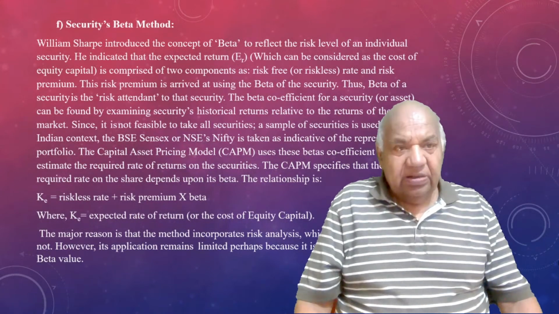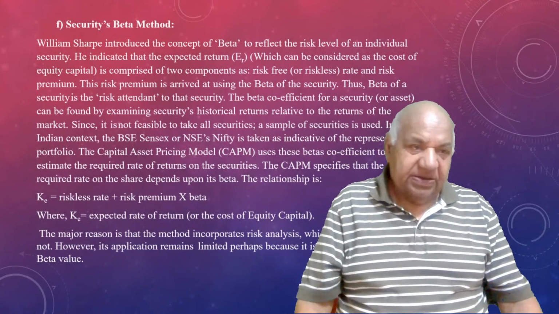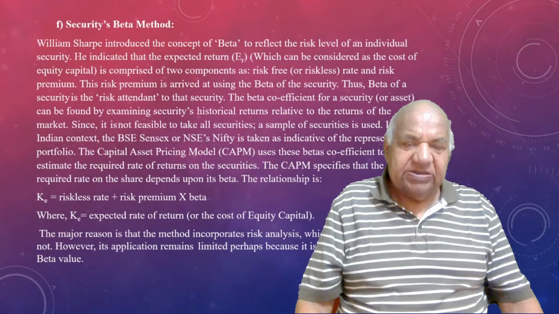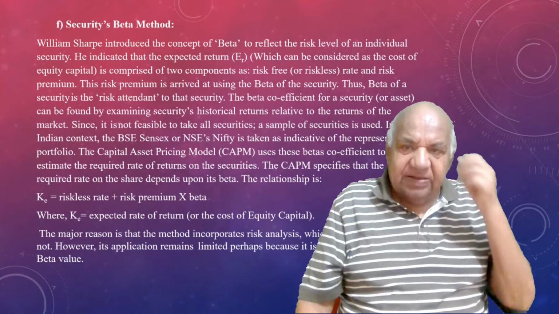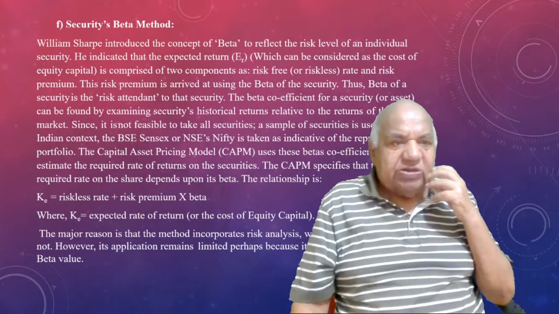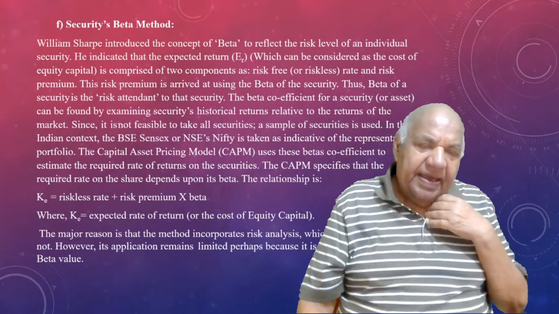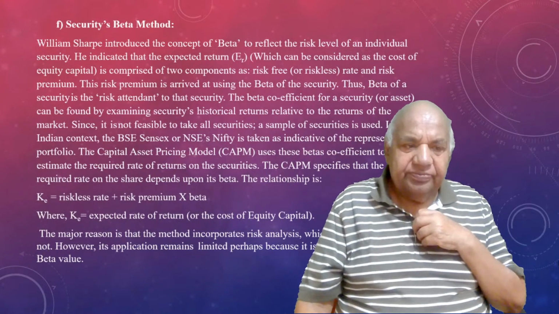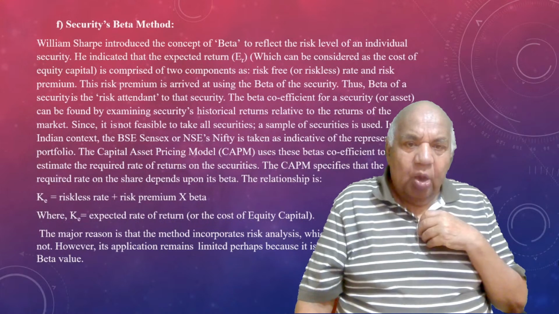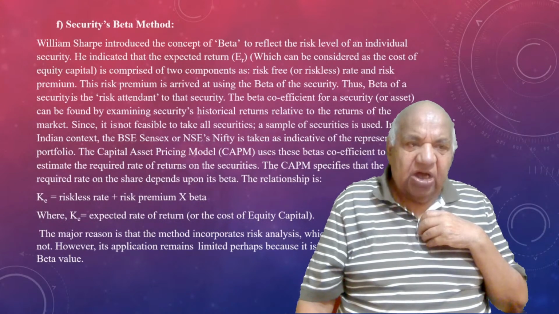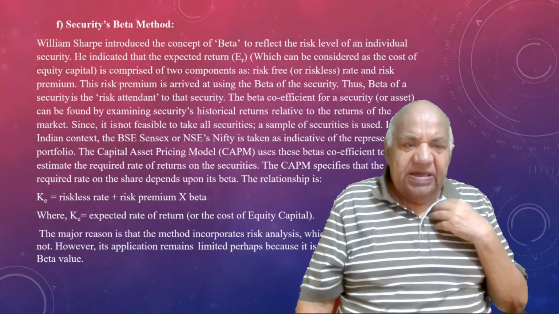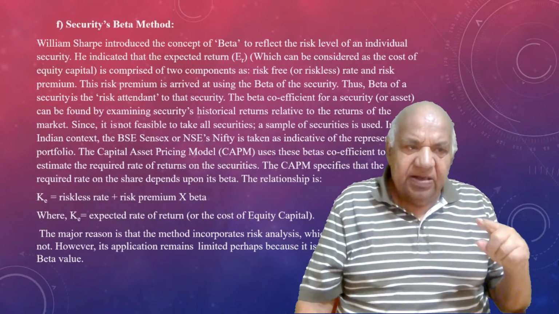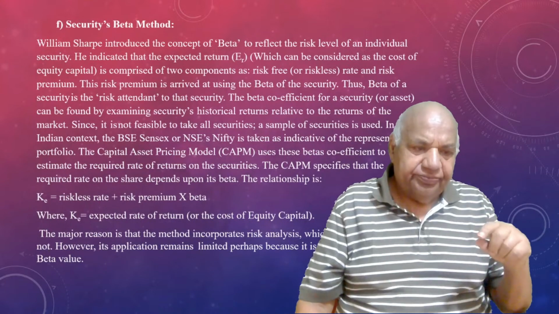And last one, securities beta method. William Sharpe introduced the concept of beta to reflect the risk level of an individual security. He indicated that the expected return, which can be considered as the cost of equity capital, is comprised of two components, risk-free rate and risk premium.